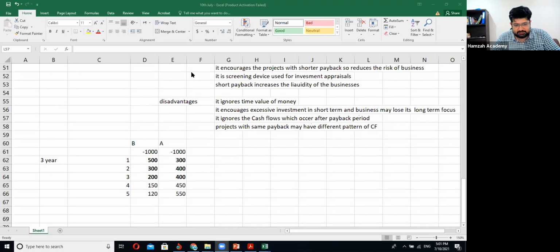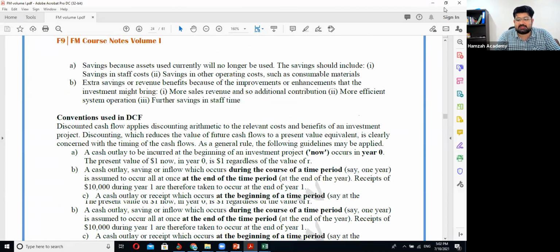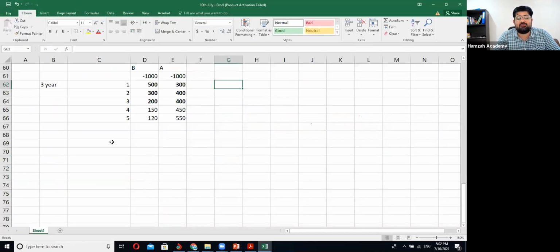Yes, everyone. Now, what will we be doing next? We have done the payback period method, and the next is discounted time value of money.